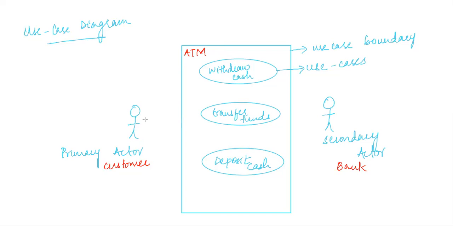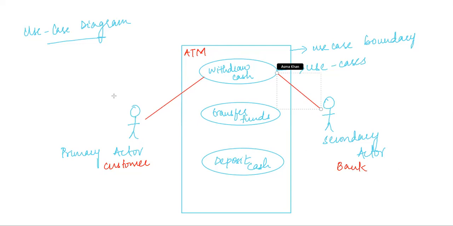The customer is going to directly withdraw the cash. When he is withdrawing the cash, you need to enter the PIN and that PIN needs to be authenticated. To withdraw cash, you need the help of the bank so that your password gets authenticated. So you can see the primary actor wants to withdraw the cash, but to fulfill this particular task, you need the help of the secondary actor.